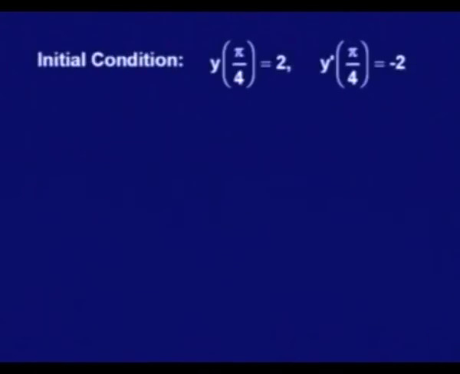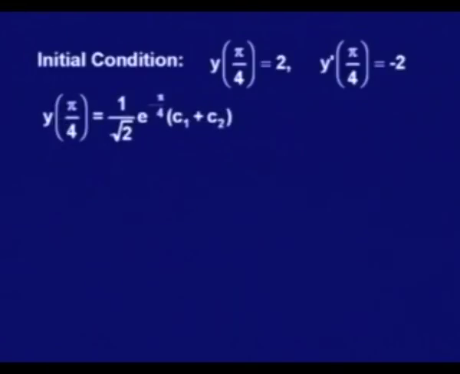Now, put this in the given initial conditions. It is given that y at pi by 4 is 2 and y dash at pi by 4 is minus 2. So, substitute in those and find the values. That is 1 by root 2 e to the power minus pi by 4 times c1 plus c2 is equal to 2, so e to the power minus pi by 4 times c1 plus c2 is 2 times square root 2.